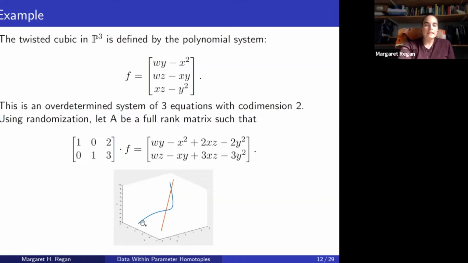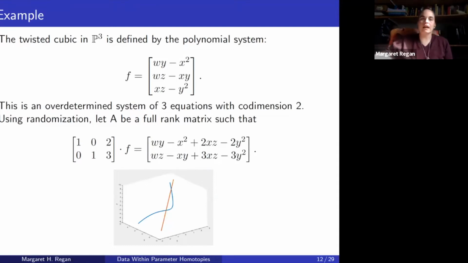And so really the blue curve is all we want if we're trying to solve the polynomial system associated with F. And what we can do is we can just plug all of these solution points that define both the blue and the red curve into F and only save the ones that zero out F, right? Which would just be that blue curve, and we'd get rid of any solution points that are associated with the red line.